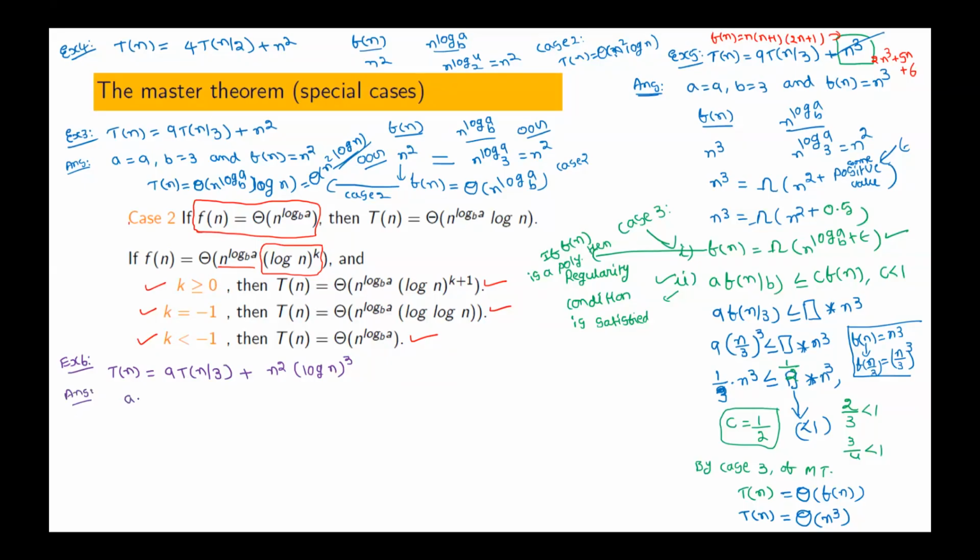And what is a? 9, b is 3, and f of n is n square log n whole cube.